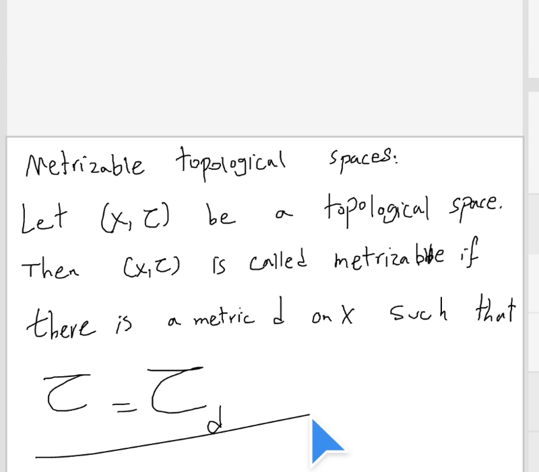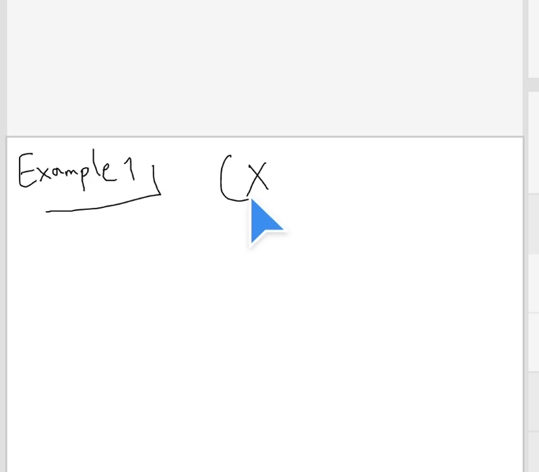Okay, I give some examples here. Example 1. Okay, X with the power set topology on it is metrizable.